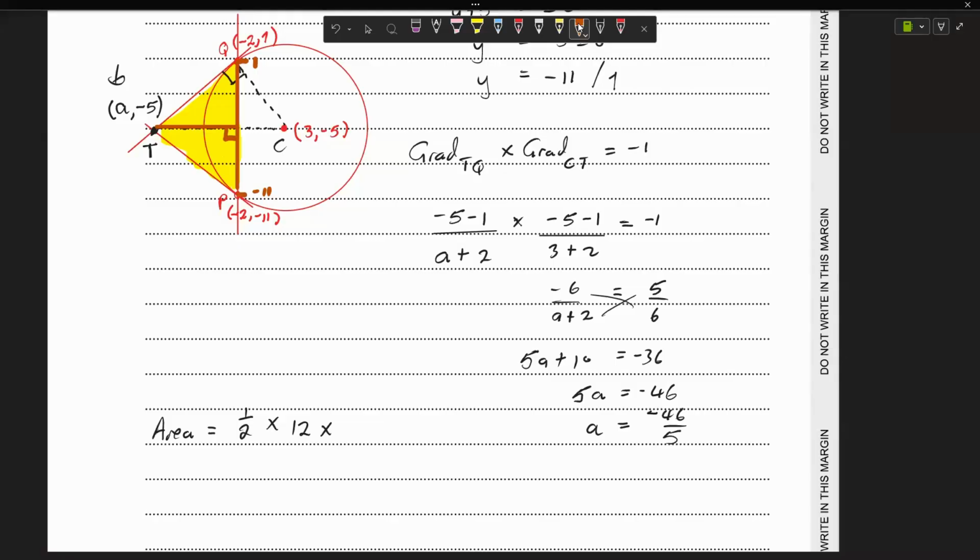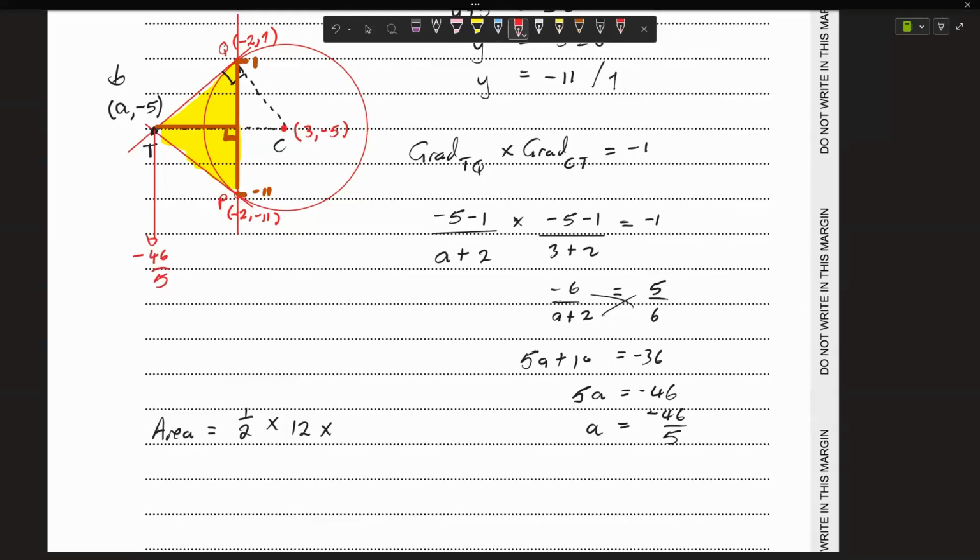To find that, since we know the coordinate of A, we got A to be -46 over 5. And what else do we know?